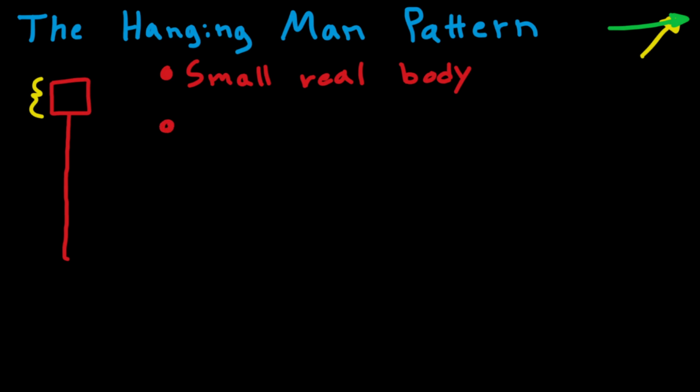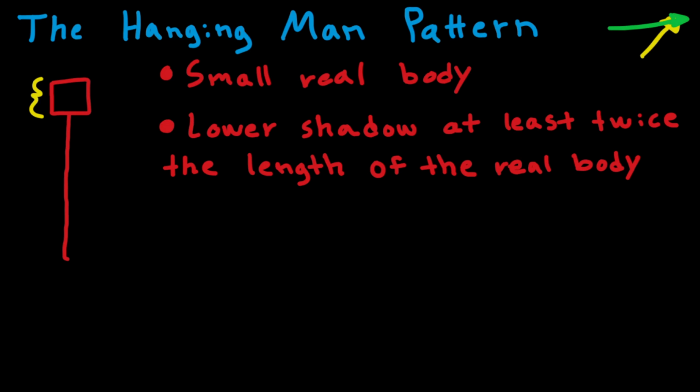Another criterion here is that the lower shadow, we want the lower shadow to be at least twice the length of the real body. And it is this part right here that is the lower shadow. So this part has to be at least twice the length of this part.